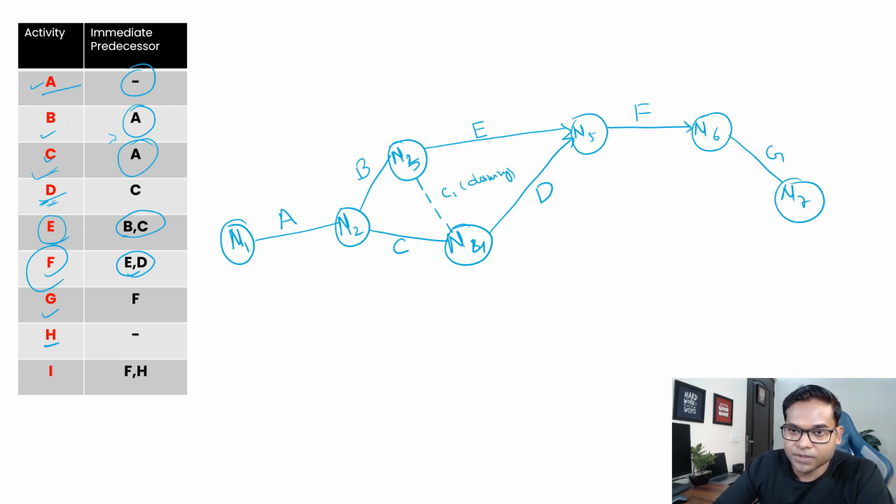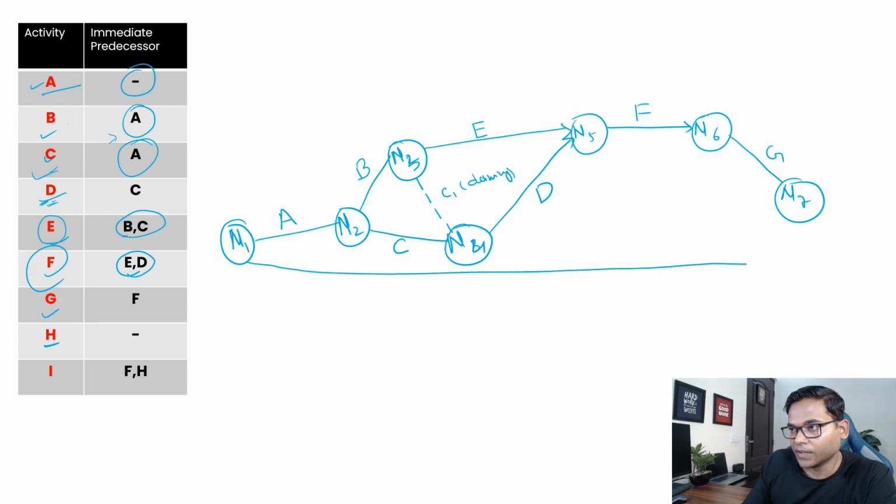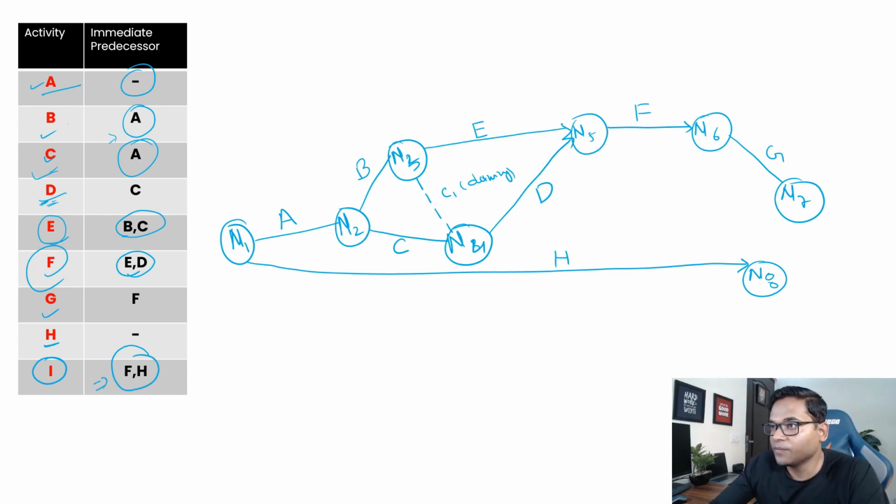Now you can see H can start immediately from the start. There is no predecessor, so it can start from node 1. Let's draw it like this, and keep node 8 and H for the time being. Now I is basically starting at a point where F and H are converging. F ends here, H is ending here, so we need a dummy activity to connect and link them. So F and H are now connected with this link.